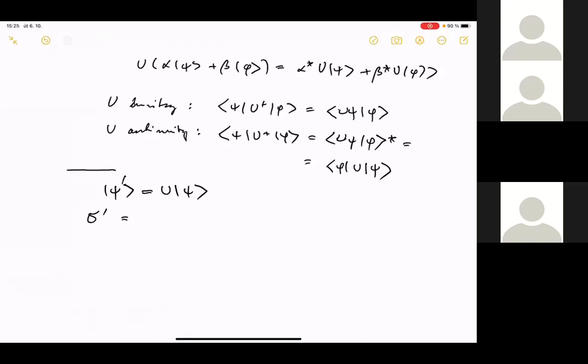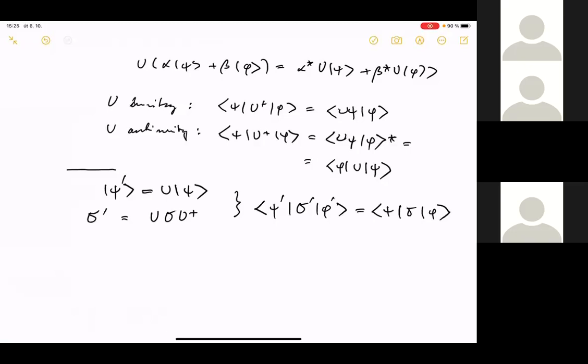This definition is motivated by the demand that the matrix elements of the transformed operators between transformed states are the same as the original matrix elements of the original operator between original states. That means the transformed operator by the symmetry is O prime equals U O U cross. Then, of course, the matrix element of psi prime, O prime, phi prime is the same as psi, O, phi.